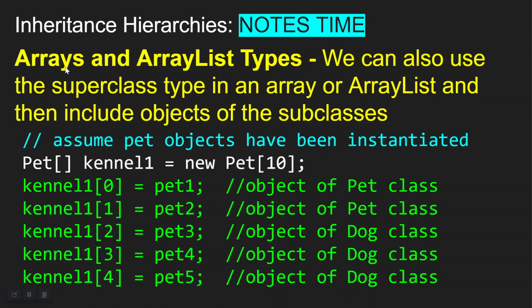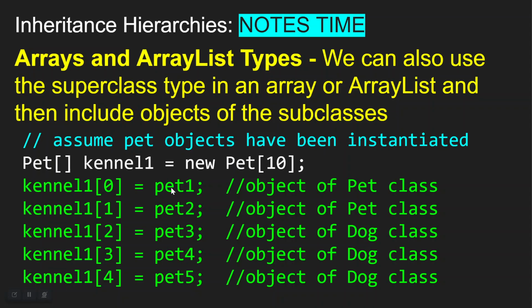And then arrays and ArrayList types: we can use the superclass type in an array or in an ArrayList, and then include objects of either the superclass or the subclasses. Down here you see an array of Pet objects called kennel1, set to a length of 10.